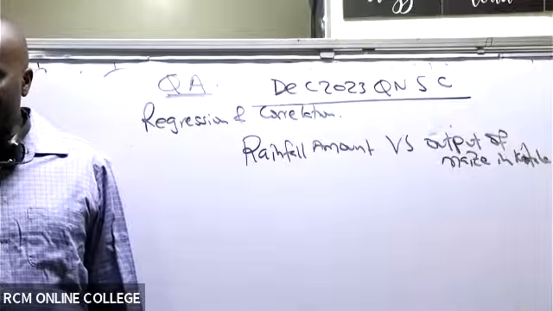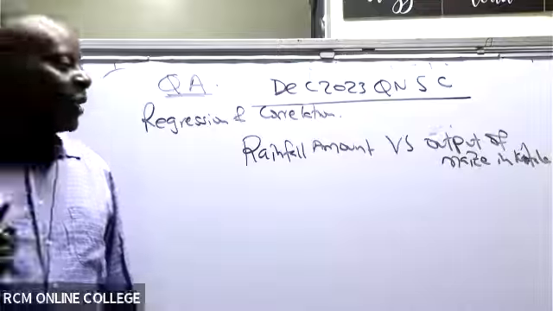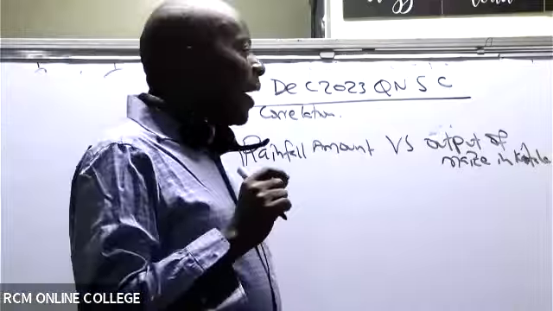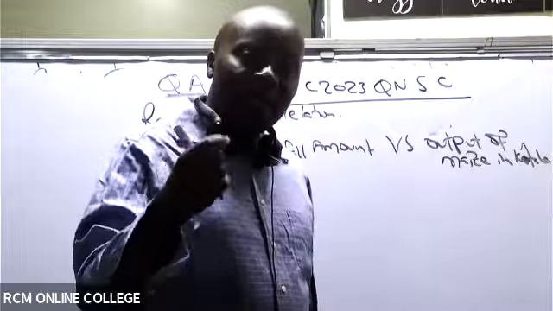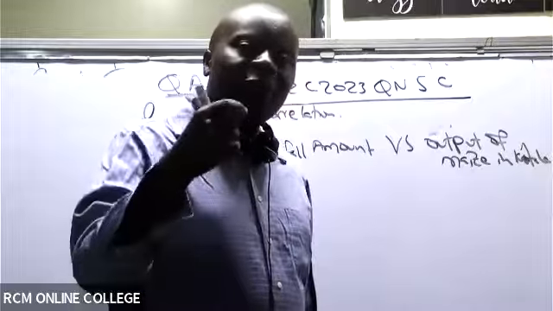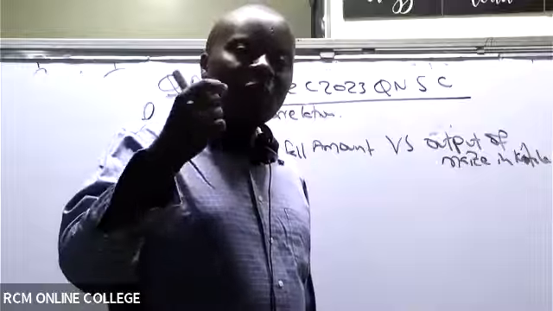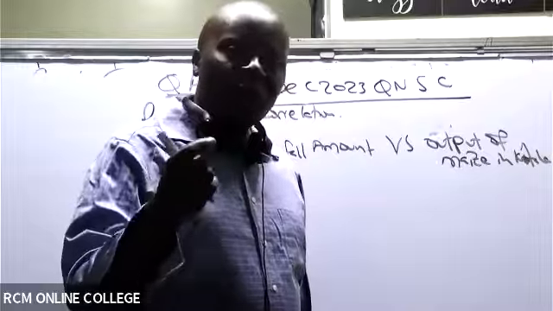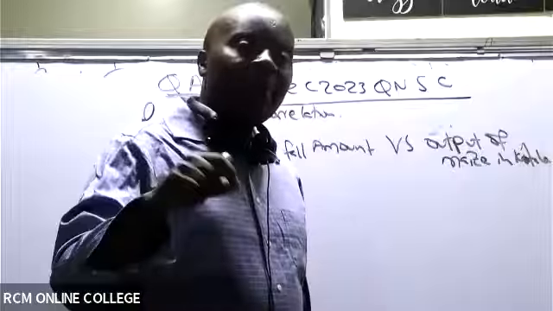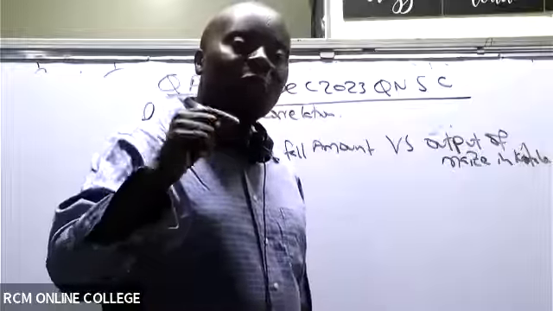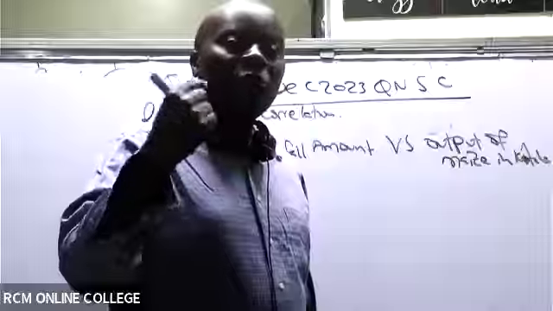Thank you so much, Rispa. Rispa is telling me, Mwalimu, the output of maize, how the maize will perform on the ground, will really depend on rainfall. So you must establish the dependence relationship. Which one depends on the other?